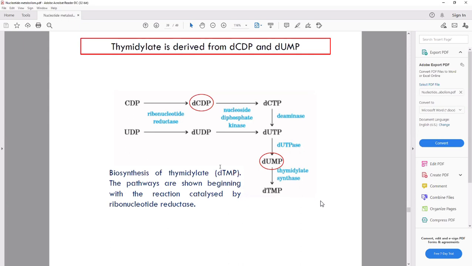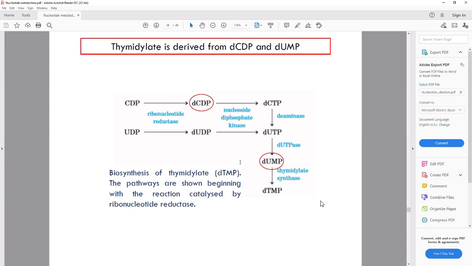phosphorylation. From dCTP, it can be converted to dUTP by a deamination reaction, by the enzyme deaminase. Then, from dUTP, it can undergo a further reaction to form dTMP by a specific enzyme. So basically, how ribonucleotide is converted to deoxyribonucleotide is by this reduction process.